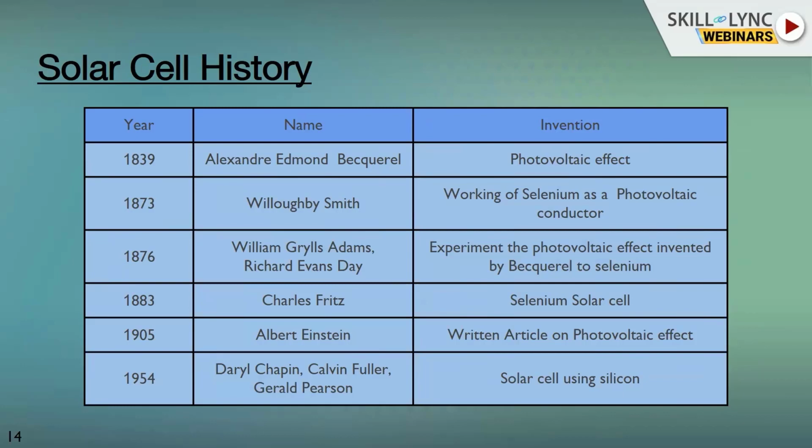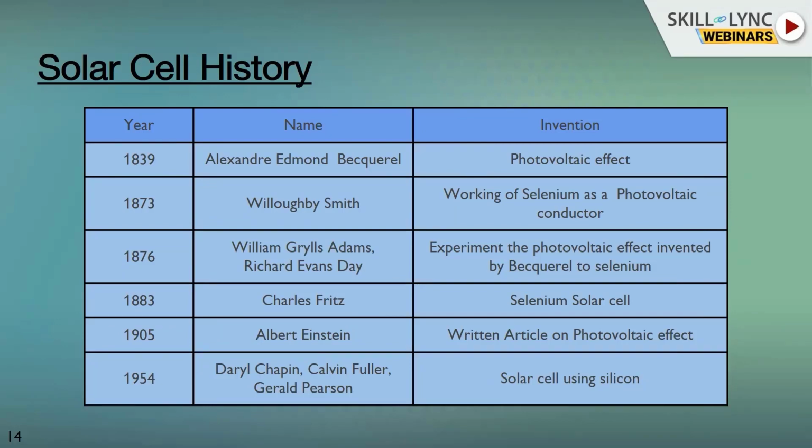He came to know that selenium could be used as a photovoltaic semiconductor to generate electricity. In 1873, using the selenium concept, Smith did experiments on the selenium semiconductor. They generated electricity, but it was not fully developed.